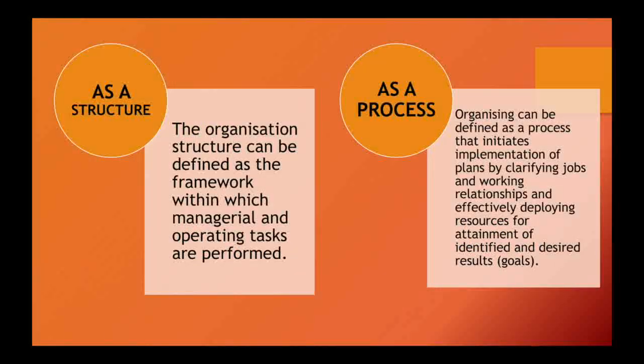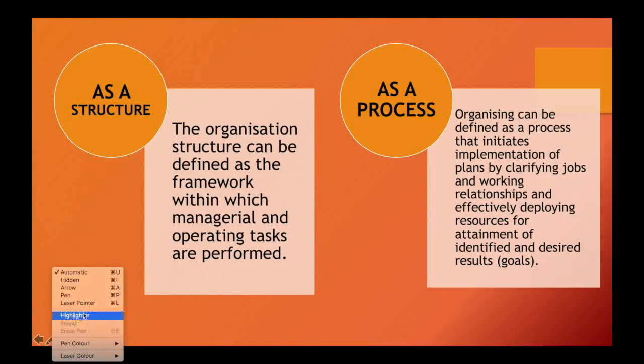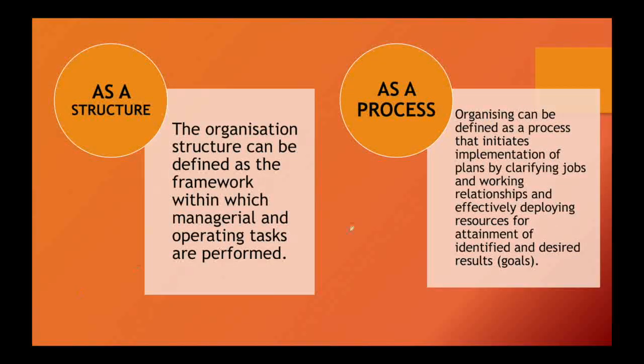And the second which we have to discuss is organizing as a process. So here it can be defined as a process. When I say it is a process, it means we need to initiate implementation of the plan. The plan which you have made, now here you will implement that plan. How will you implement? By clarifying the jobs, that these are the functions, this is the work which you have to do here.